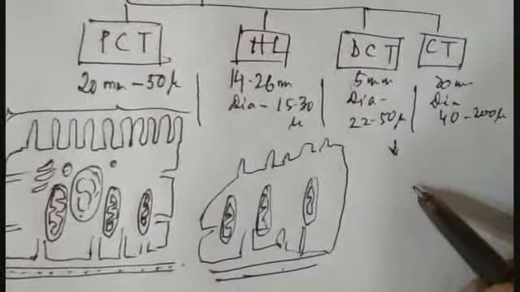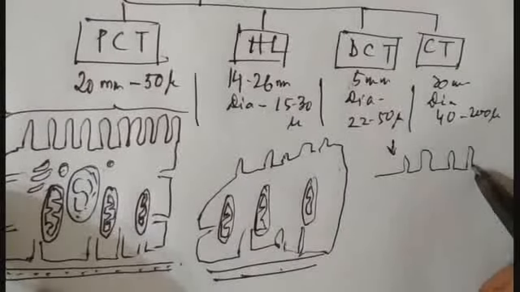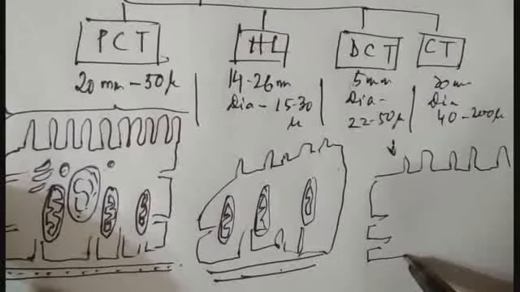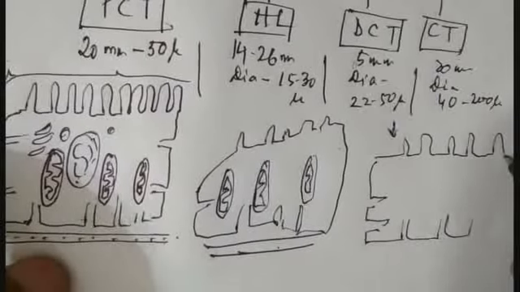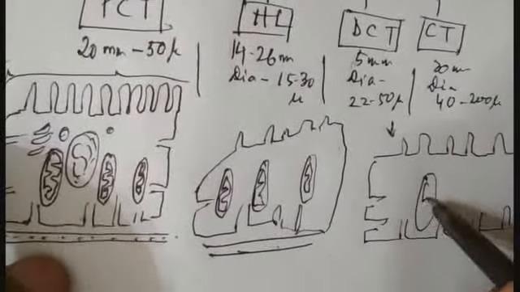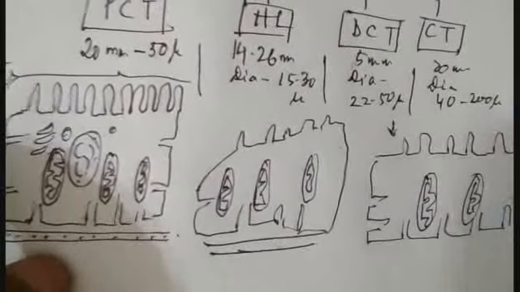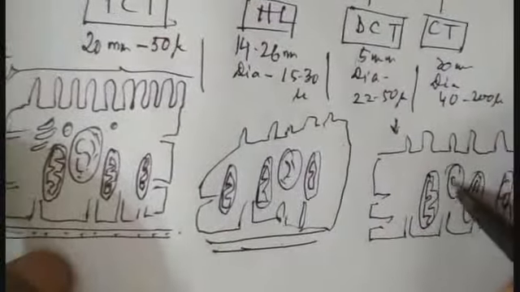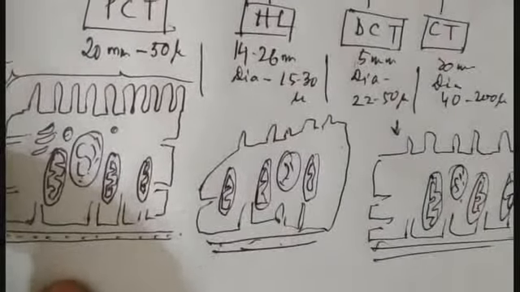The structure of the DCT looks very much like the PCT, and it is also devoid of any brush border. Only a few microvilli are there. These are nuclei. These are epithelial tissues. Okay.